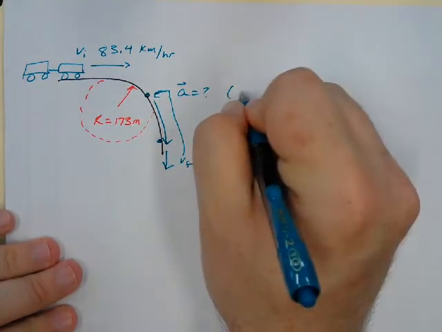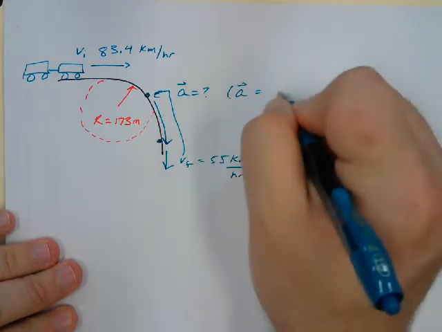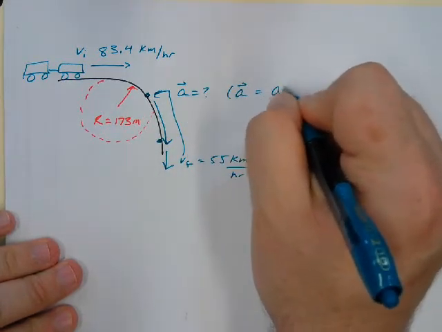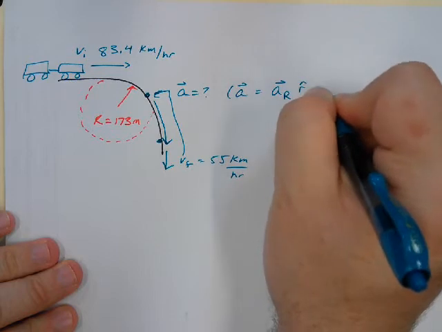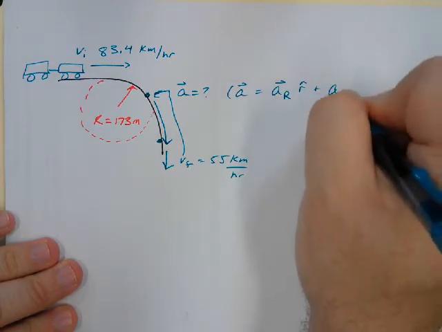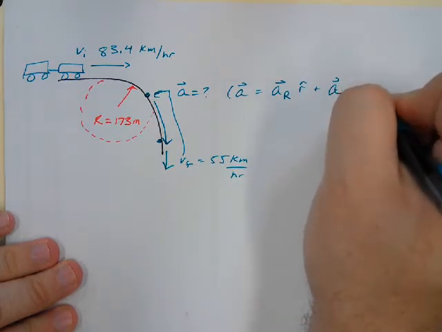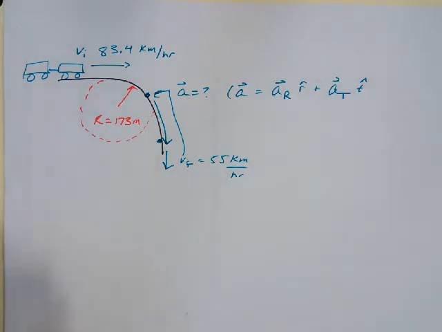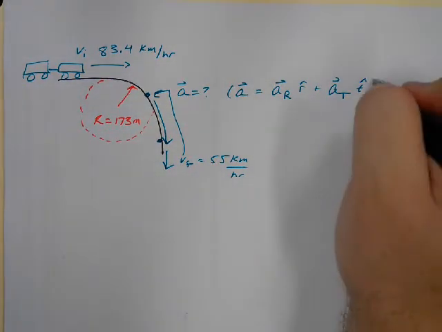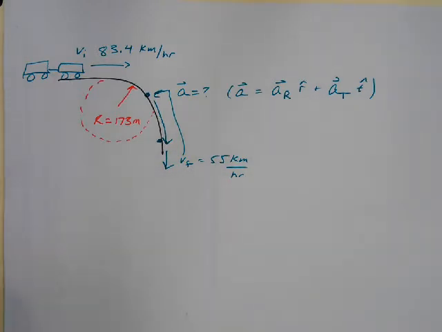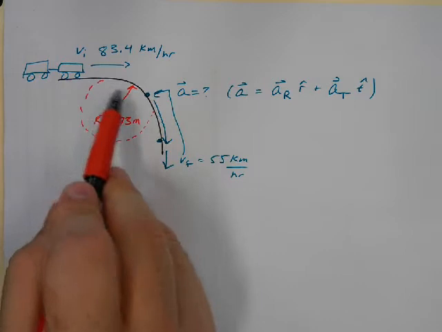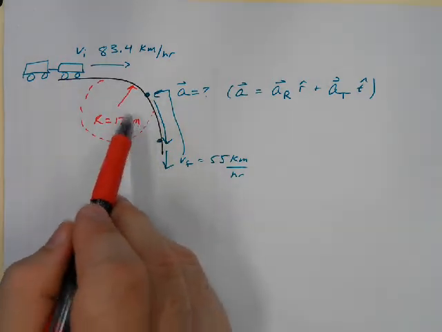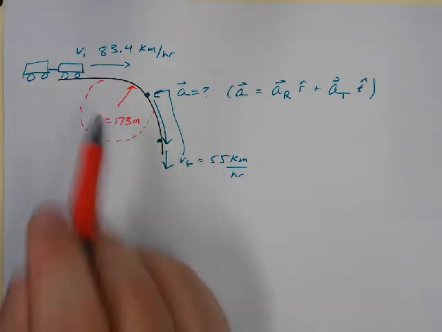So remember that the acceleration looks like the radial acceleration plus the tangential acceleration. And we're doing that because when we have things in a circle, something that's moving in the x direction will eventually be moving in the y direction. So we want to make things in terms of the circle.